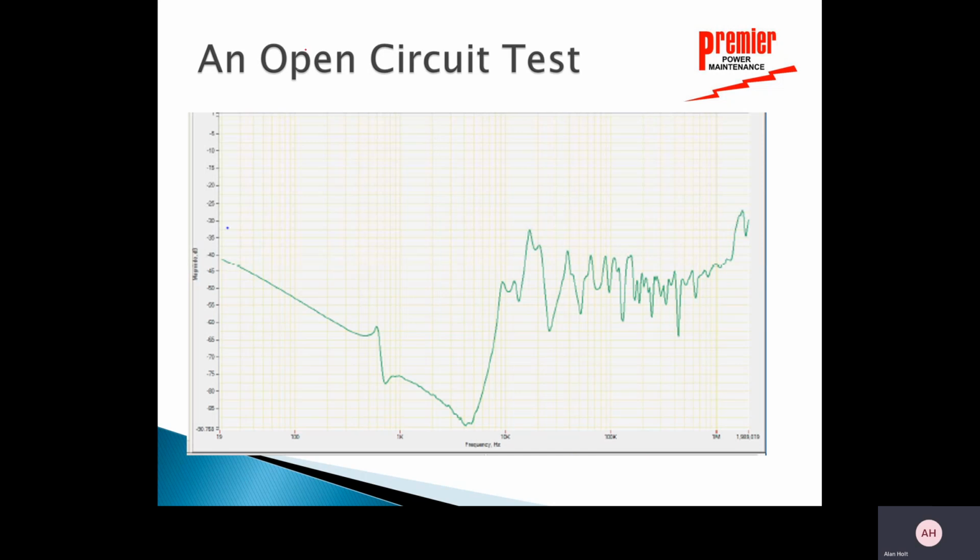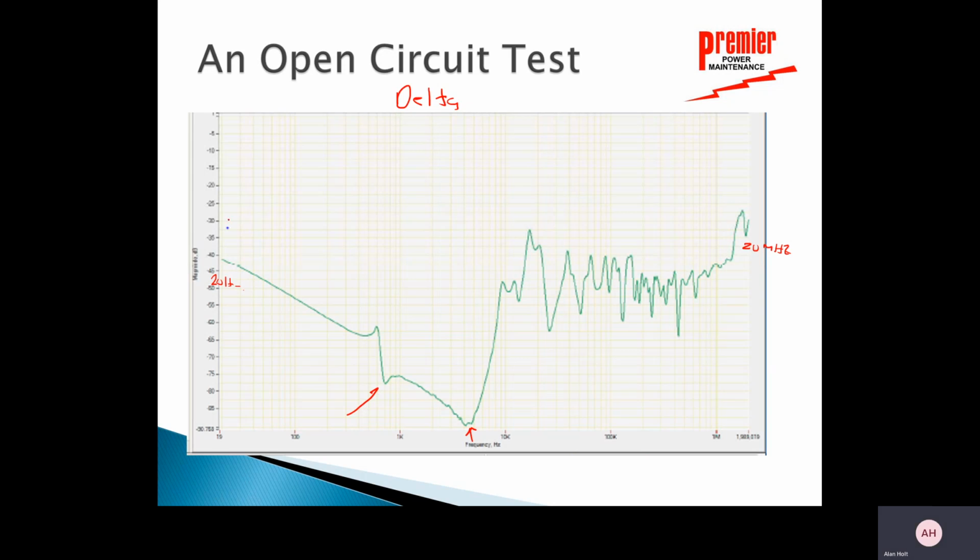So here is an open circuit test, and I'm not an expert, but I've done enough of them that I understand that this is a delta winding open circuit test. I can tell it's a delta because I have 2 of these little bumps at this frequency. I start out at 20 hertz down here, and up here I'm at 20 megahertz.